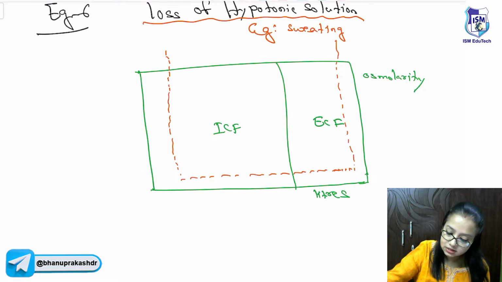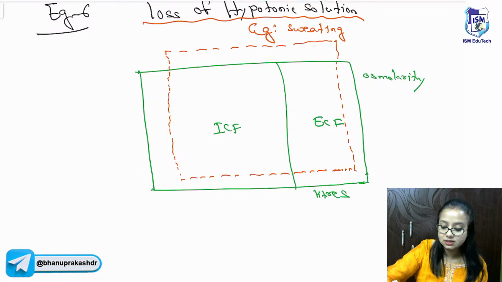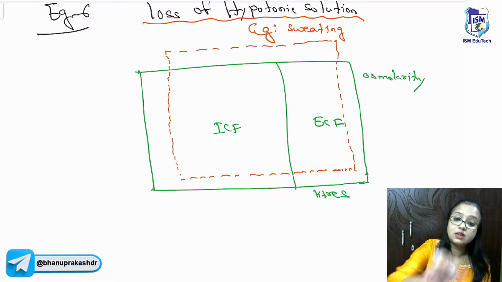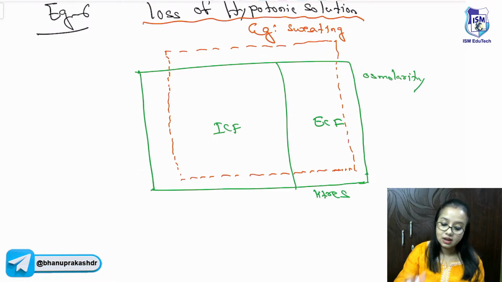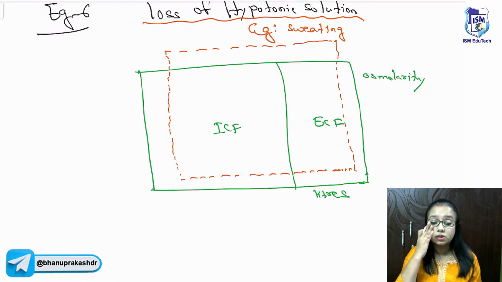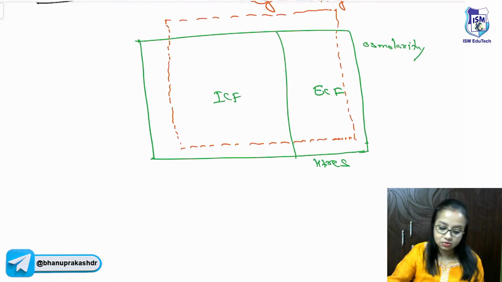The osmolarity is increased because water is less. See the volume one below. It has shrunk. There is less volume of water in the ECF and ICF, but the osmolarity is more. It has gone higher because more quantity of salt and less quantity of water is now present in the body fluid, both inside the cell as well as outside the cell.